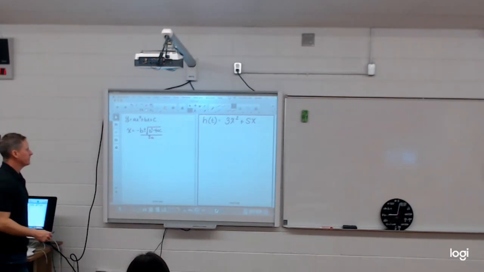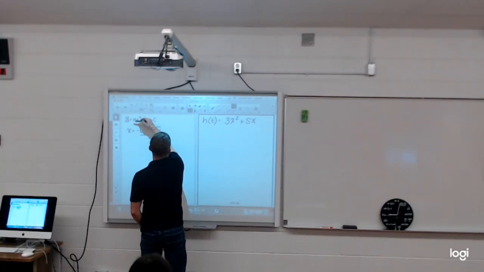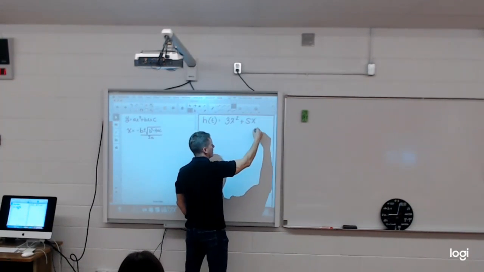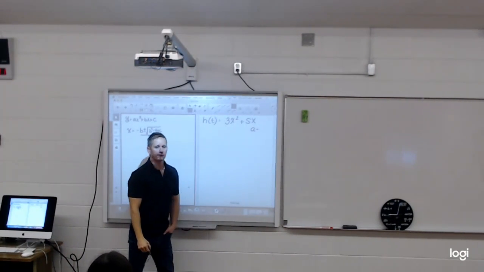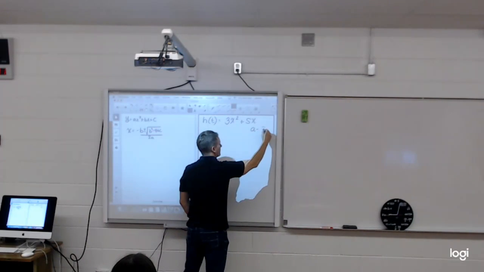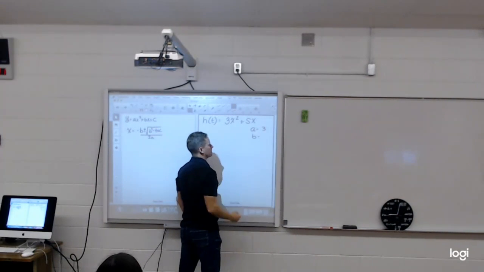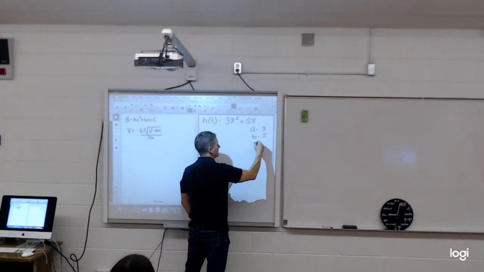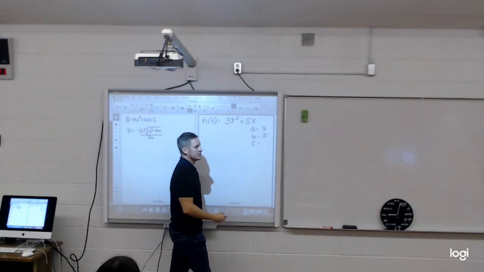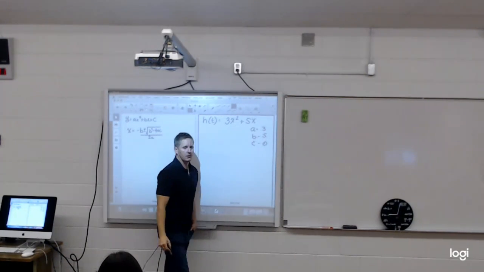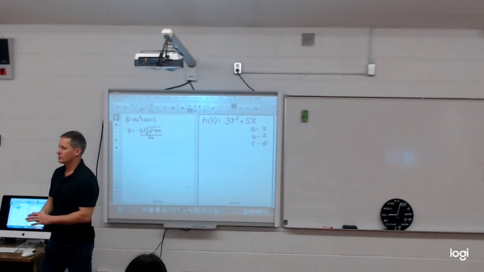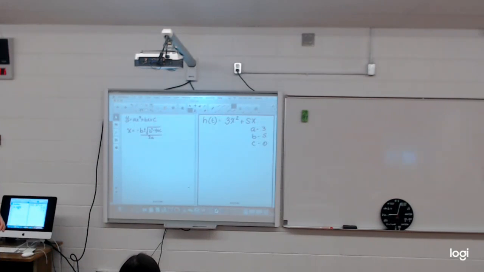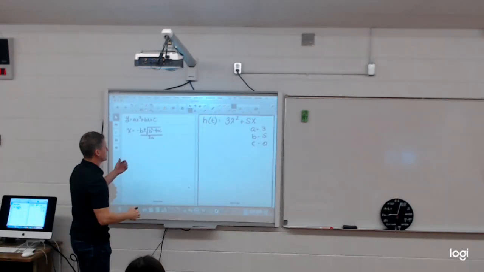So what I'm going to do is I have this in the form ax squared plus bx plus c. What is my a value in that equation? 3. My b value? 5. And my c value? 0. It's not there. 0. Okay? So now I'm going to use my quadratic equation in order to solve this.